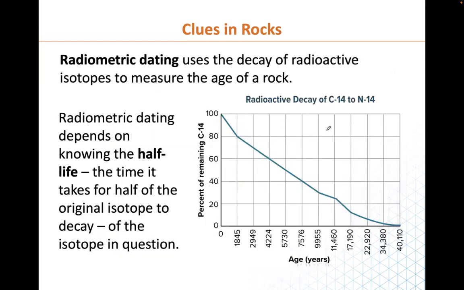Now let's talk about radiometric dating. Radiometric dating uses the decay of radioactive isotopes to measure the age of rocks. Isotopes are atoms of the same element with the same atomic number but different mass numbers. So we have carbon-12, carbon-13, and also carbon-14. All three are isotopes of each other.